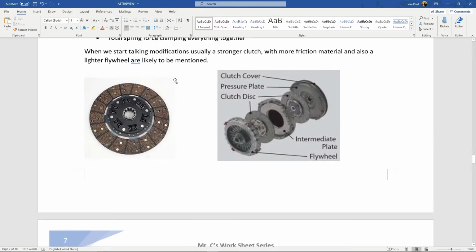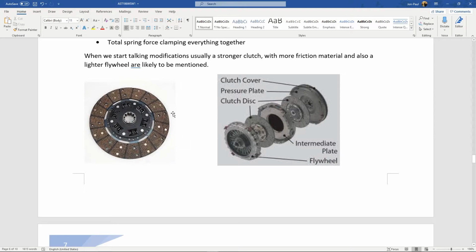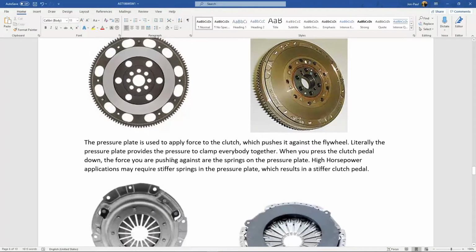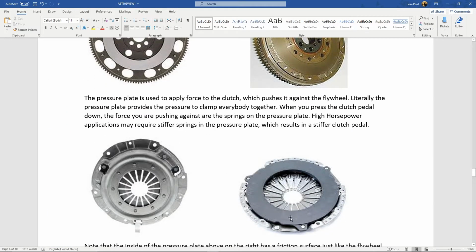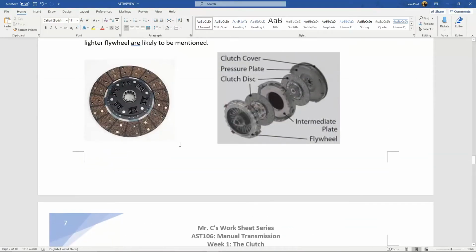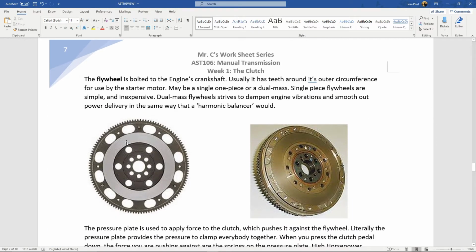We've got a clutch disc that goes in the middle. And then this pressure plate is the other piece of bread in this sandwich. When your foot is not on the clutch pedal, the clutch is fully engaged, which means this piece of bread is squeezing that slice of ham into this other piece of bread, and the clutch is fully engaged, right? And we have a mechanical connection.